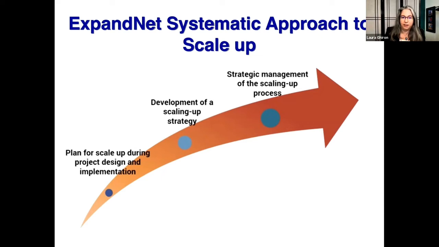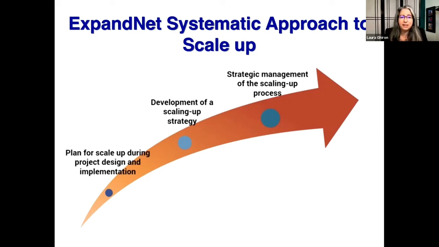And I'll come back to that in a moment, but then once you have evidence that this intervention is successful, it's addressing what you want, it's relevant, all of that, then one would proceed to developing a scaling up strategy. And this is something that ExpandNet has worked really hard to support, these processes of developing strategies, and we'll come back to that too.